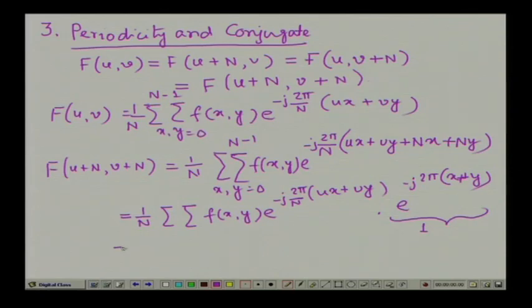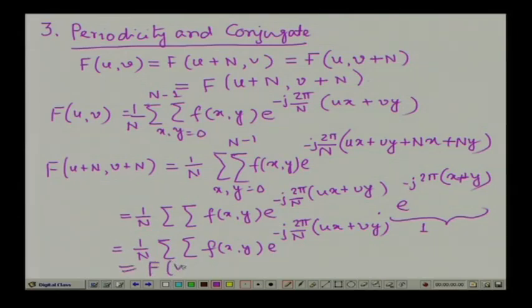So, finally, what we get is 1 upon capital N, the double summation of f(x,y) into e to the power minus j 2 pi upon capital N (ux + vy). And you find that this is exactly the expression of F(u,v).